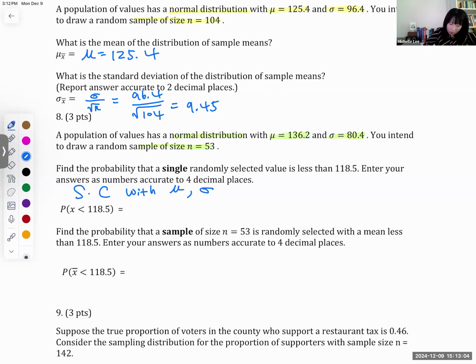And this one, look, let's compare. Find the probability that a sample of size n equal to 53 is randomly selected with a mean. So this is a keyword, probability with a mean, yeah? Then this is a sampling distribution of a sample mean, yeah?